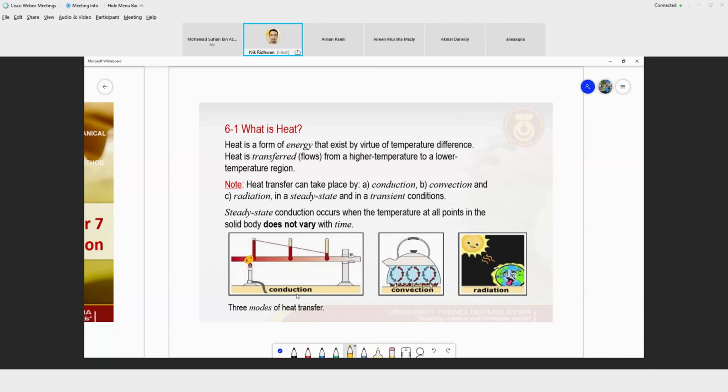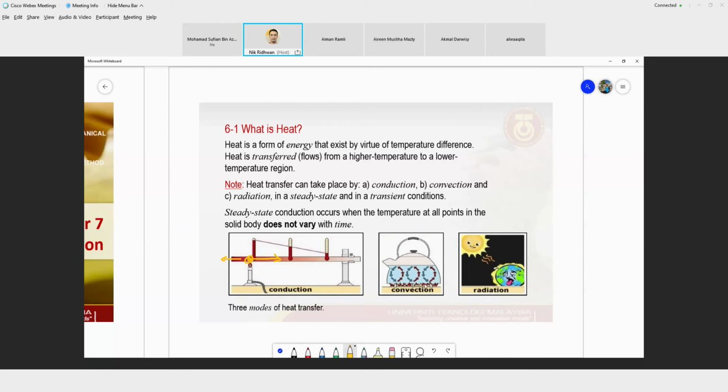Then this heat will travel to both sides, to the left and to the right of this rod, by conduction.